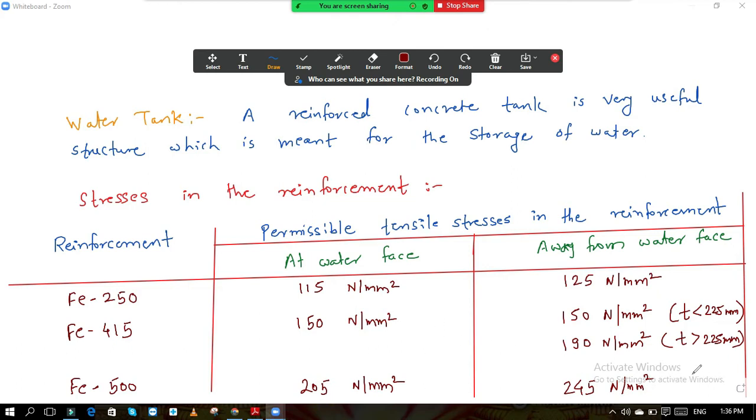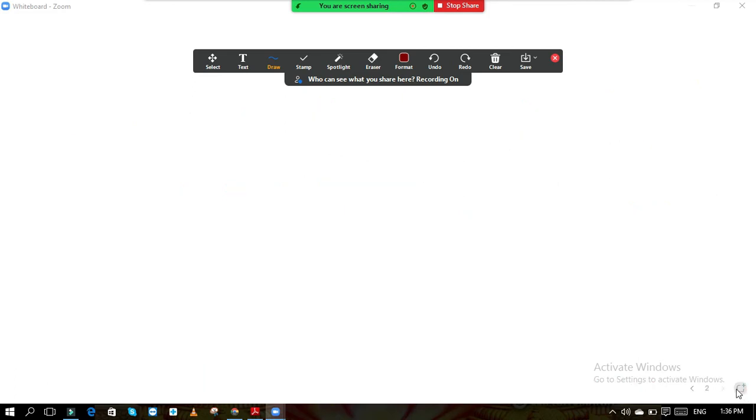So now we will take one numerical for the water tank. Take this problem and take these steps as it is. This could be the water tank, which is a circular tank on the ground, which is having flexible base. Most important problem. Take down this problem.